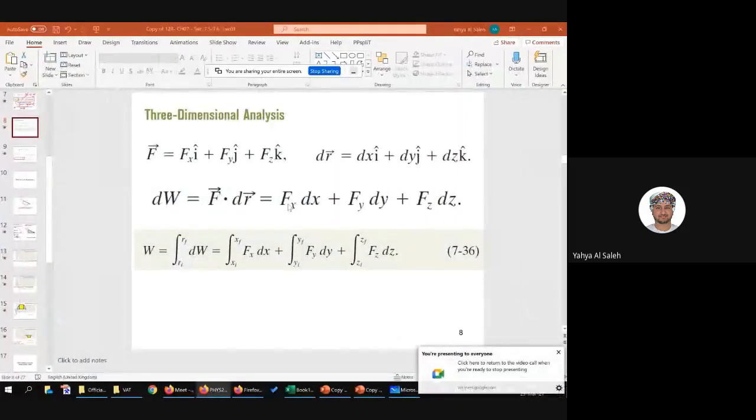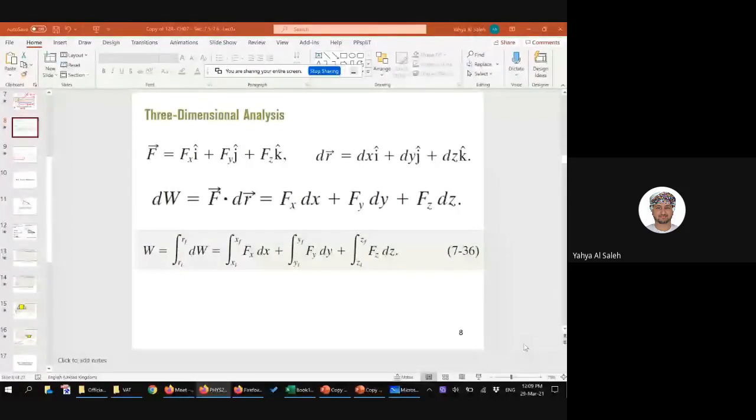So the last thing we spoke about in the previous lecture was three-dimensional analysis. We looked at work equals F dot dr. Then we looked at work when our force is a continuous function and how we do it using an integration approach.